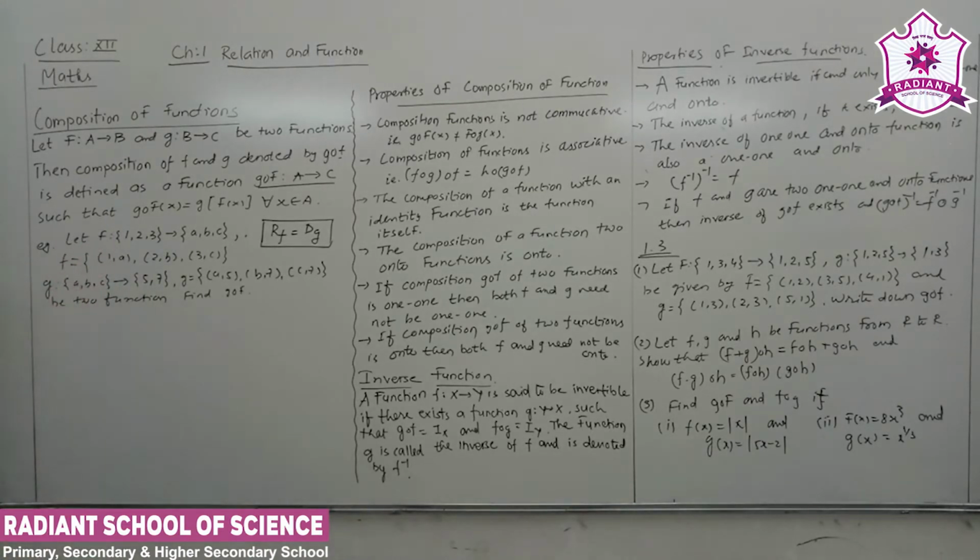चलो मैं एक example से आपको बताता हूँ। आपके पास let f from {1, 2, 3}, A is the domain, {a, b, c} is the range. So the function f is defined as 1→a, 2→b, 3→c, right?